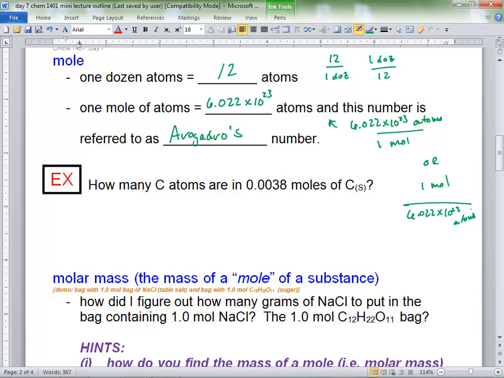Here's a typical question that gets us started. Katrina, how many carbon atoms are in 0.0038 moles of carbon solid? I want to treat this the same way we did when we converted centimeters to kilometers.